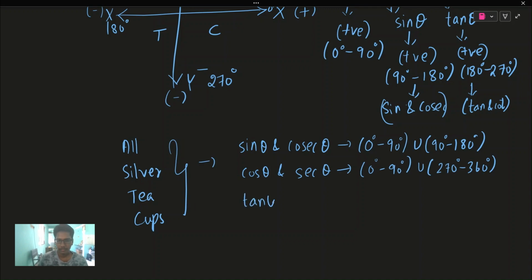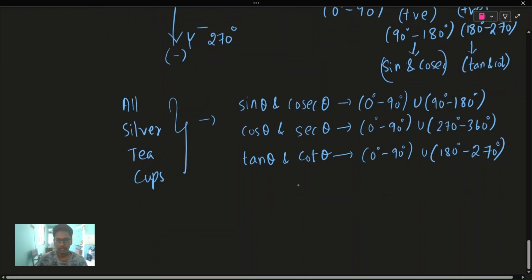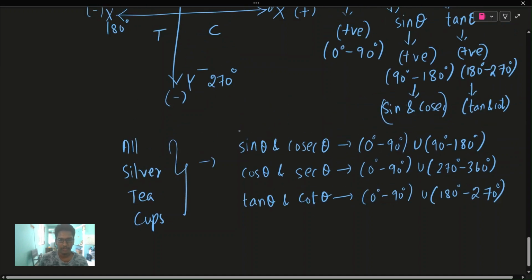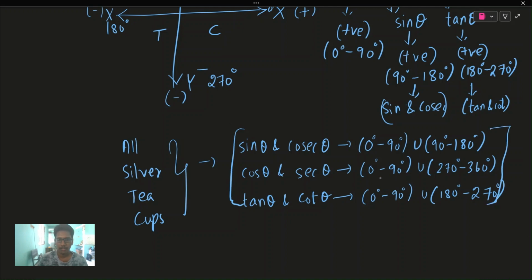Tan theta and cot theta: 0 to 90 degree union 180 to 270. Hence, this is the behavior of the values being positive in the Cartesian system.